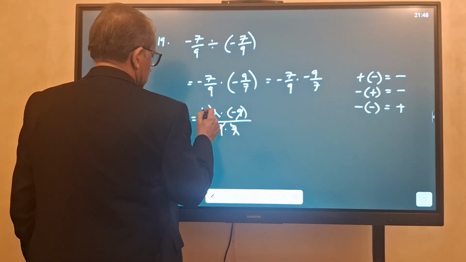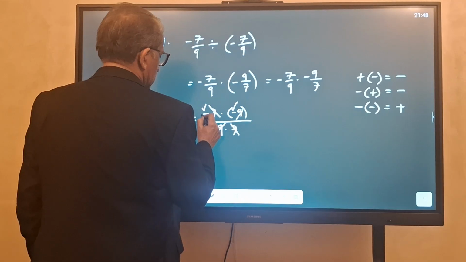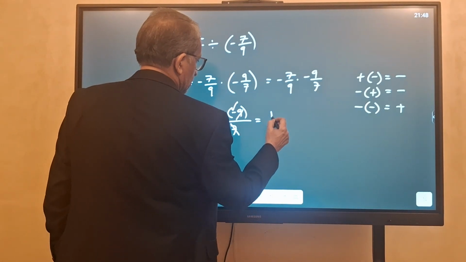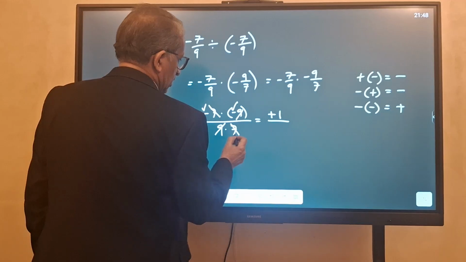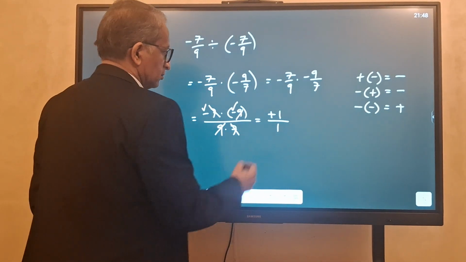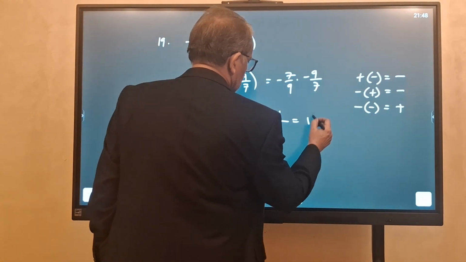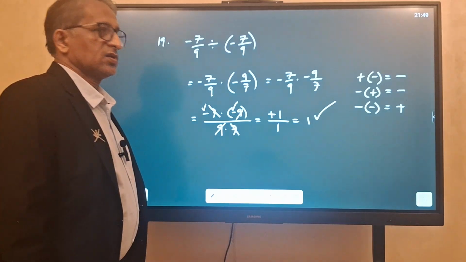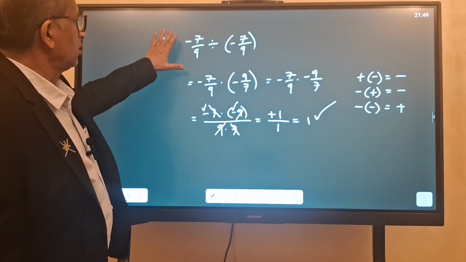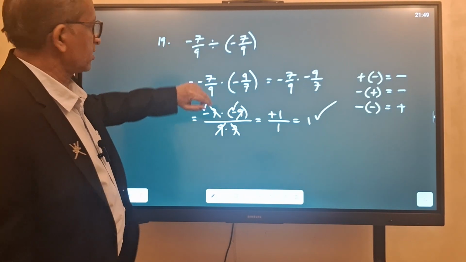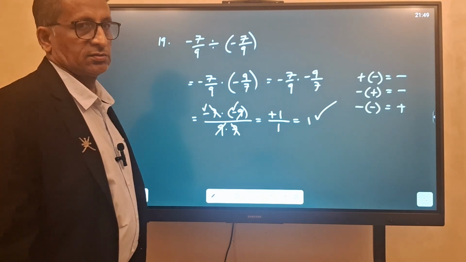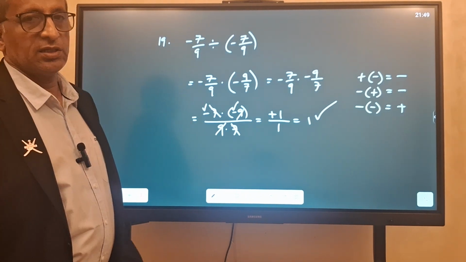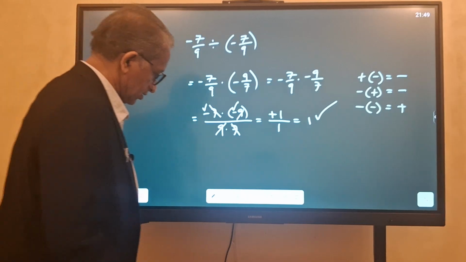We have two minuses here, that is minus into minus, plus 1, there is no number left, and then 1 into 1, it is 1. So the answer is 1. This is how we divide the two fractions. When it is negative into negative, it becomes plus. So this is the division of two fractions.